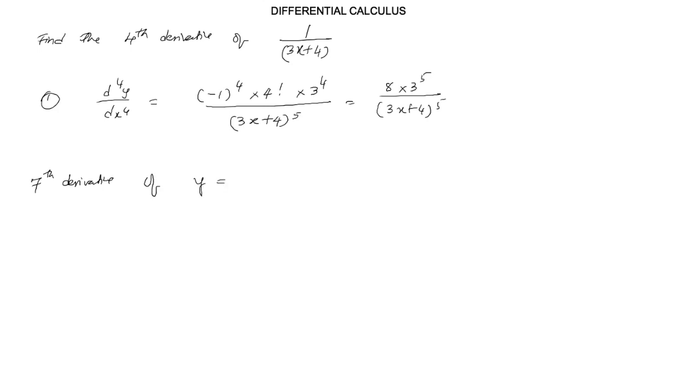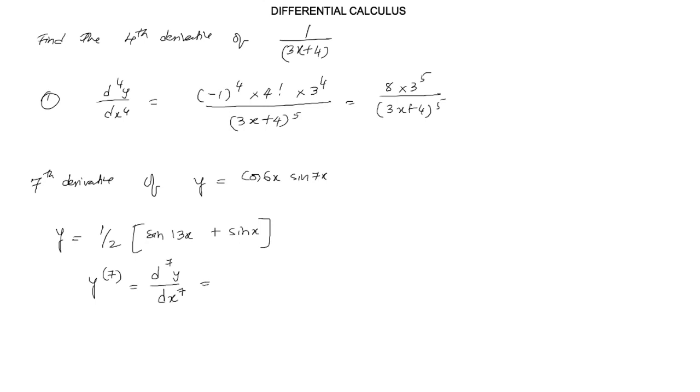Now let us find the seventh derivative of y, which is cos 6x sin 7x. y will be 1 by 2 of sin 13x plus sin x.